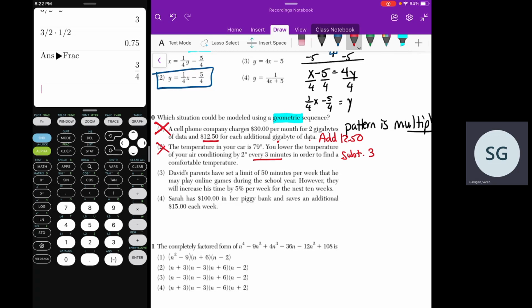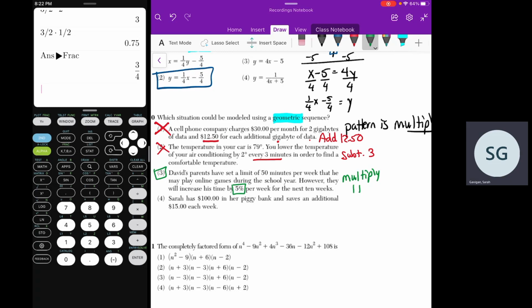David's parents have a set limit of 50 minutes per week that he may play online video games during the school year. However, they will increase his time by 5% per week for the next 10 weeks. This is my geometric one. What I'm multiplying by, you're not multiplying 0.05.